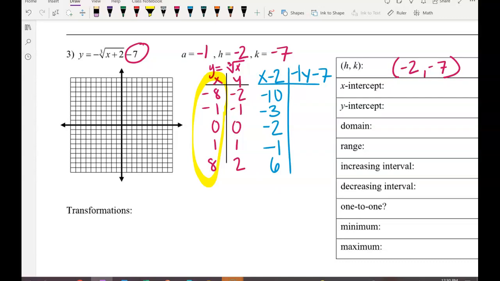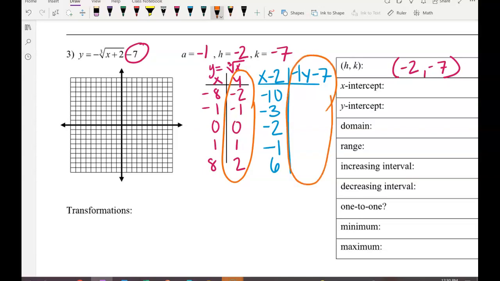Now that's done. Next, we are going to take all of your parent y and transform it. So -2 times -1 is going to be 2. 2 minus 7 is going to be -5. -1 times -1 is 1. 1 minus 7 is going to be -6. 0 times anything is 0. Minus 7 is -7. 1 times -1 is -1.